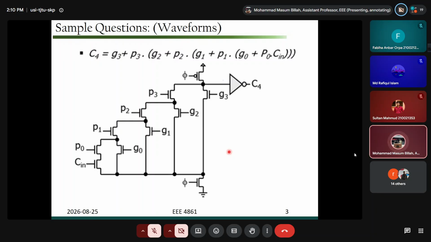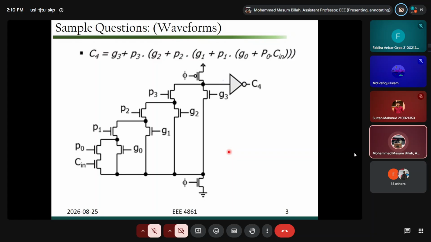For example, G1, G3 and P3 will be given in binary 1-0 format. Then, or G2, P2, G1, P1, G0, P0, and C input, based on the input carry, you have to decide the final output carry in terms of binary digits or maybe in terms of the waveform. Okay. So I recommend you should study both.